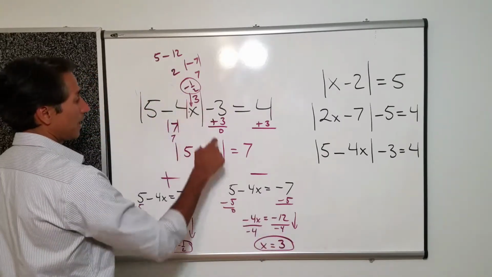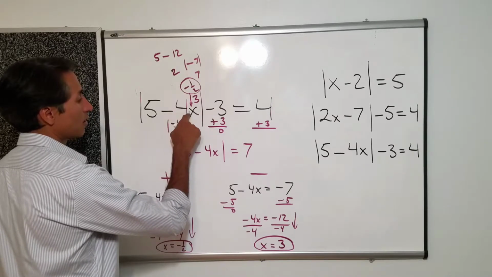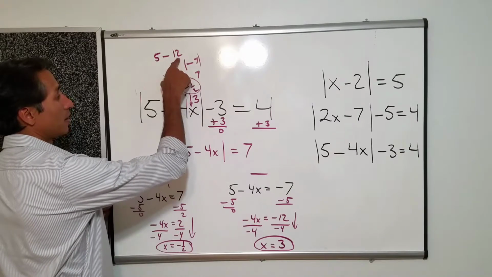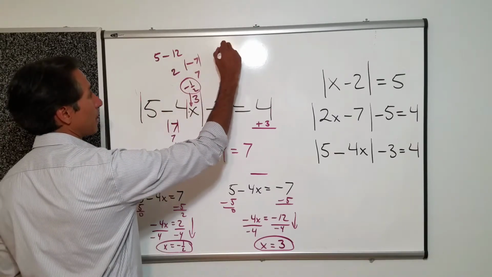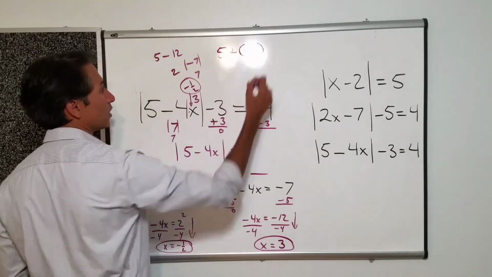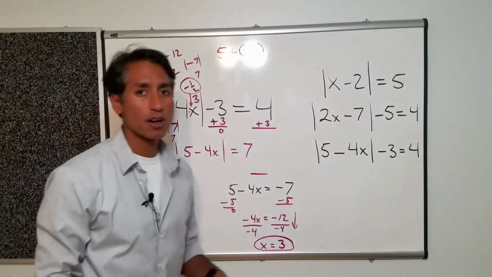The 3, I did the same thing. I plugged in a 3, so it's negative 4 times 3, which is what got me the negative 12. And then it was just 5 minus 12. Or you could even write it as 5 plus negative 12 if you wanted to. Okay, so it doesn't matter how you write it, whatever's going to work for you.